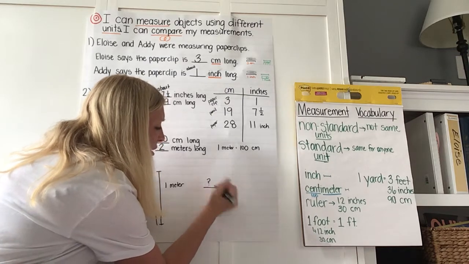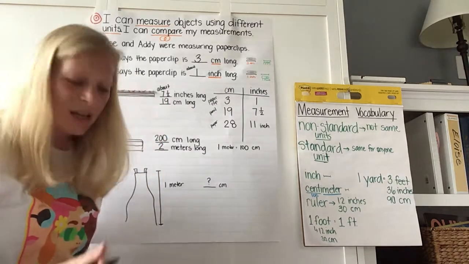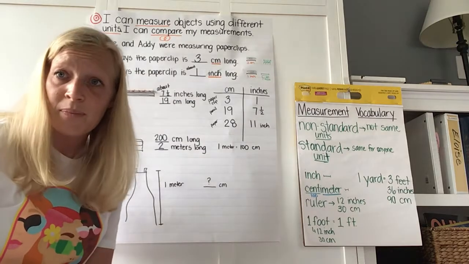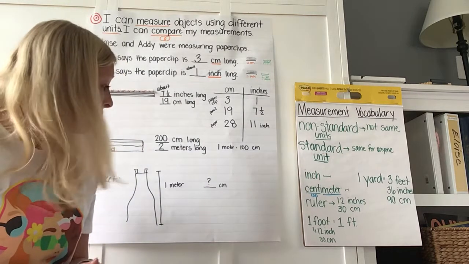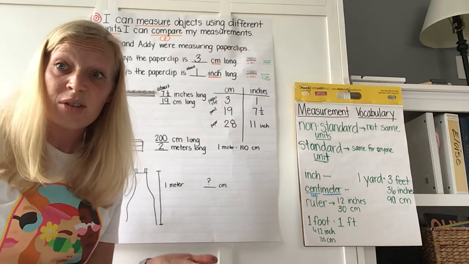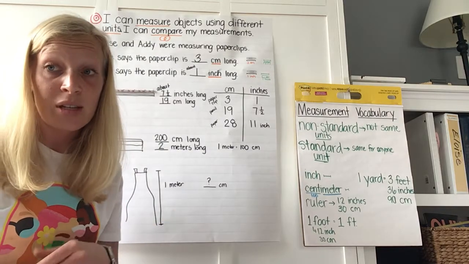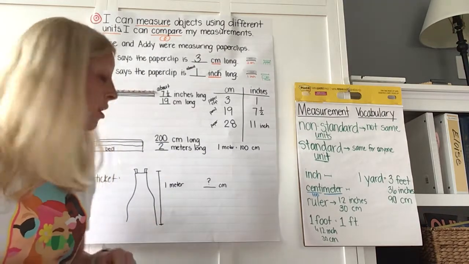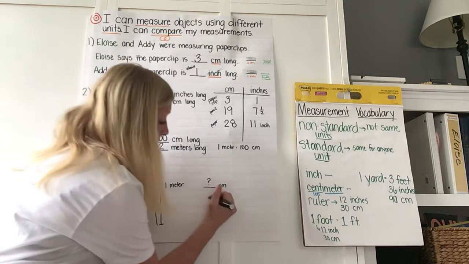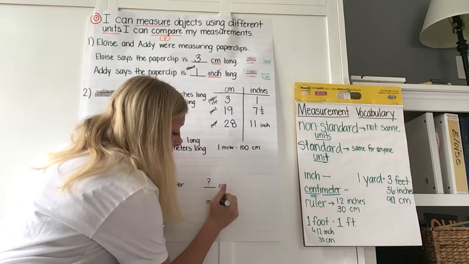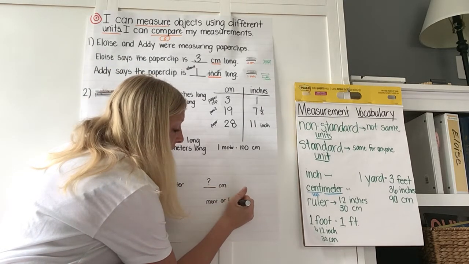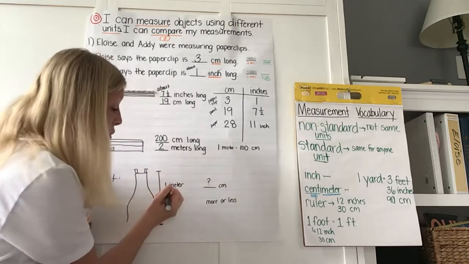How many centimeters long will that be? And then, are there going to be more centimeters or less centimeters? And how do you know? Will there be more or less centimeters than 1 meter?